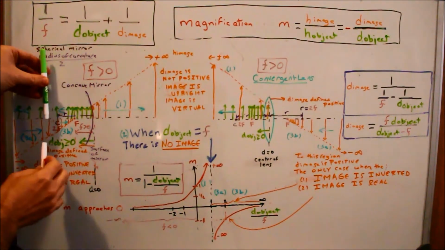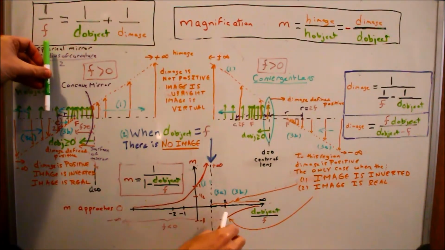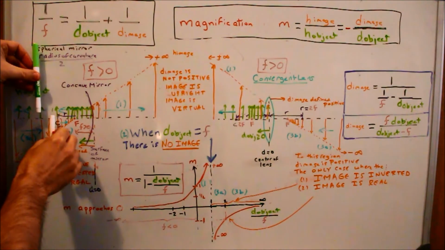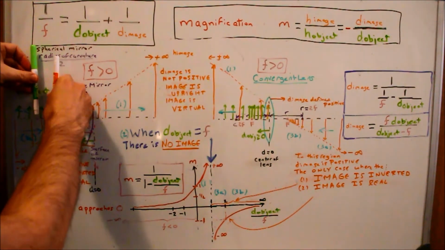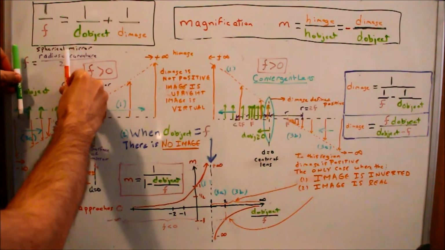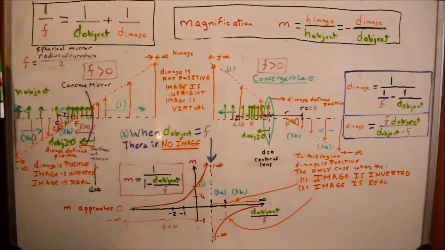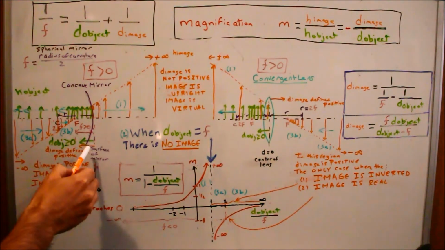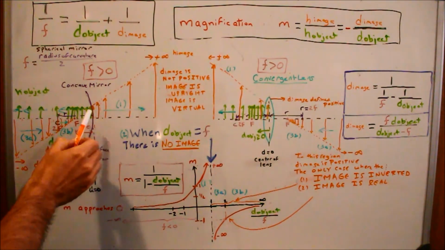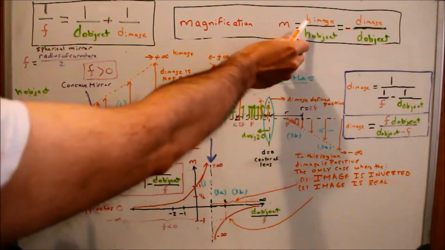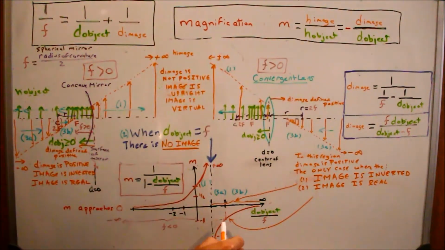And now if the object keeps moving away, the image starts to look smaller and smaller. It stays inverted, and as my object approaches infinity as far as distance away, the distance to the image starts to approach the focal length, and the height of the image starts to approach an absolute value of 0.